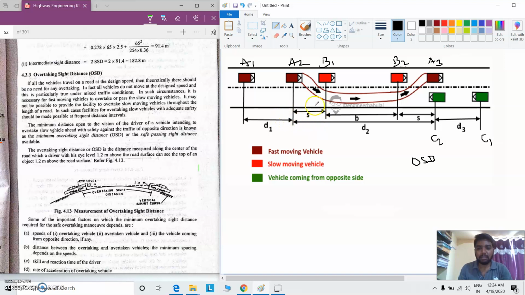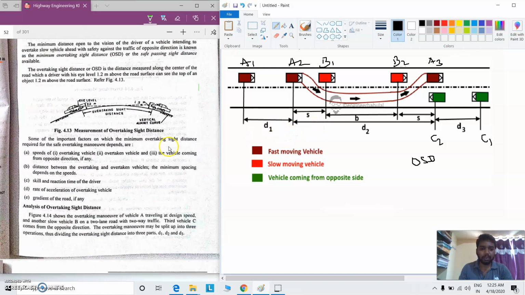This condition is not provided throughout the length of the highway. An overtaking zone is created, and its length is decided based on the speed on the particular highway. To know the overtaking sight distance, we need to know what factors are considered to decide it for a highway with a given design speed.